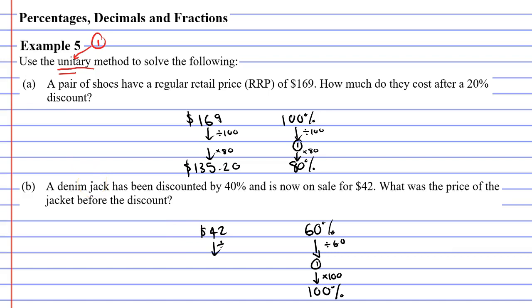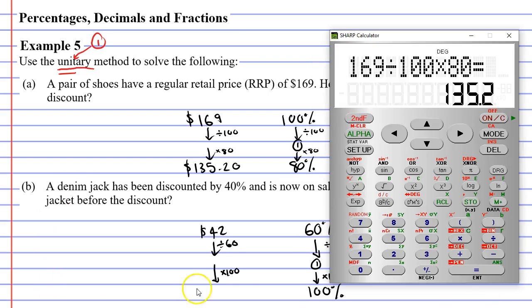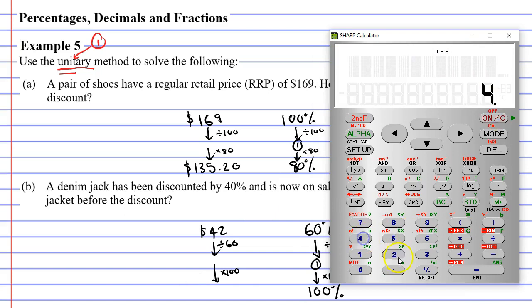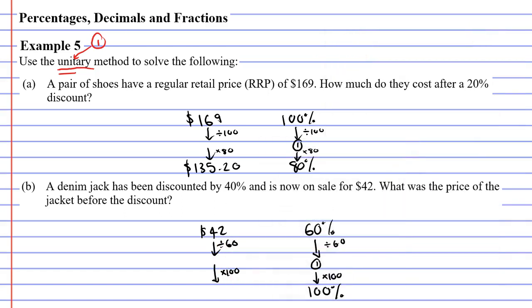I divide by 60, and then I times by 100. Bringing up our calculator, 42 divided by 60 times 100 will give us 70. So the original price of the denim jacket was $70.